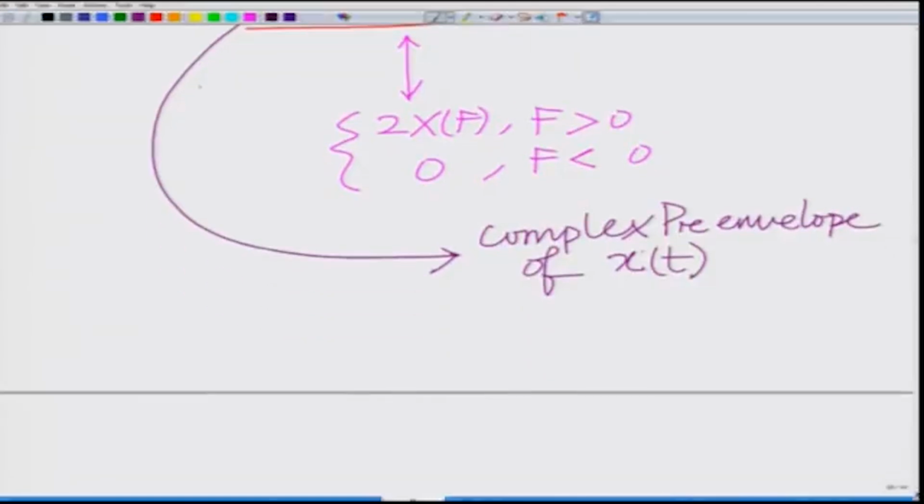That is, we consider only the positive frequency band and scale it by a factor of 2. The negative frequency band is set to 0.